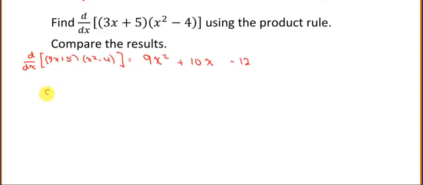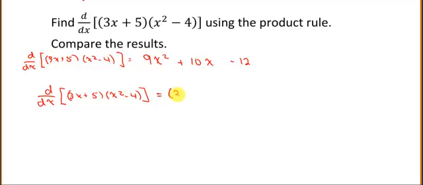The derivative with respect to x of (3x plus 5) times (x squared minus 4) is equal to, remember that we have the product of two things, so make two copies.